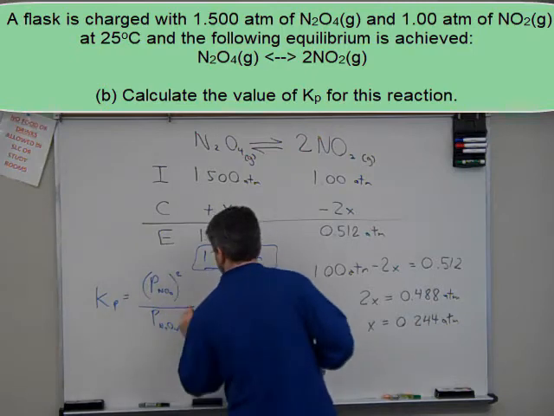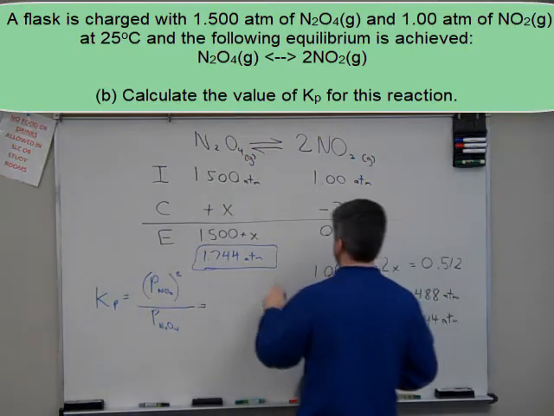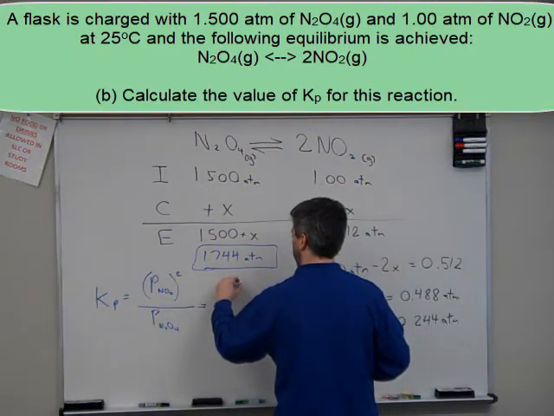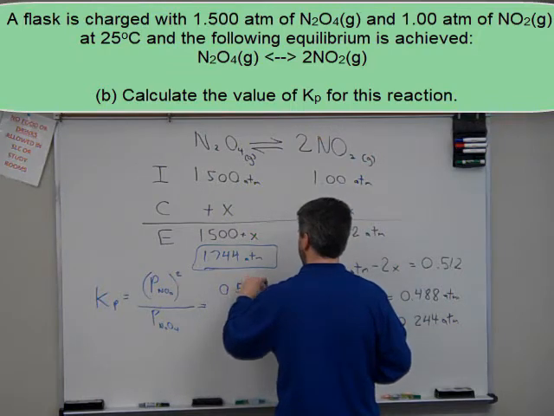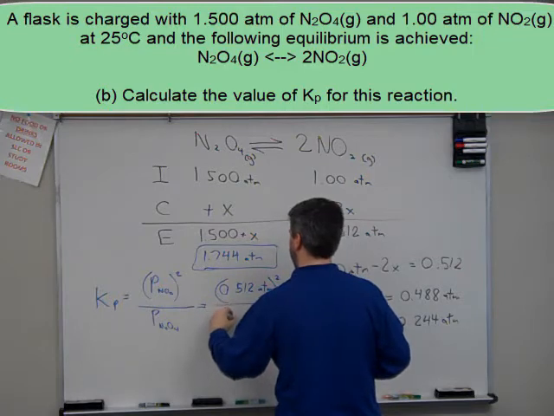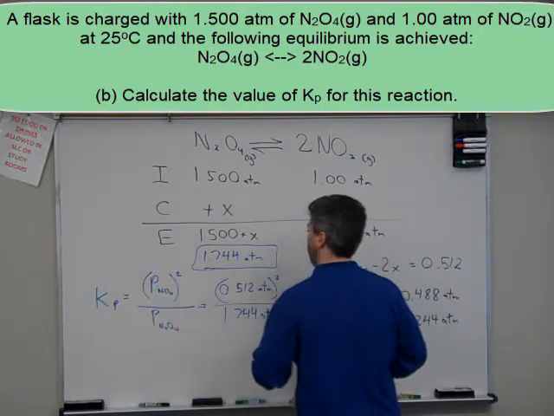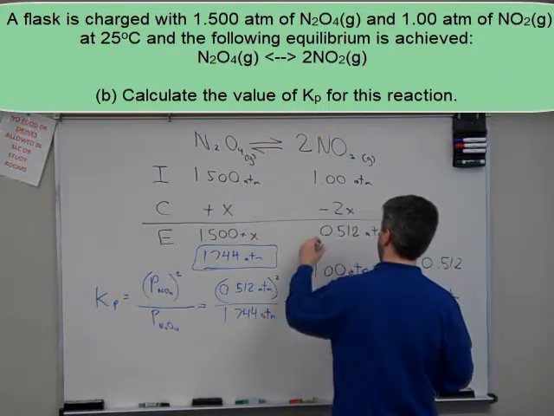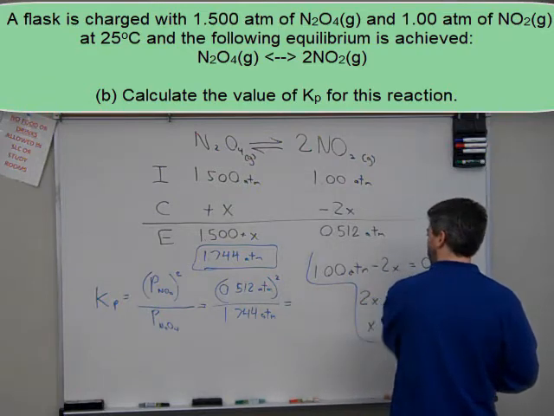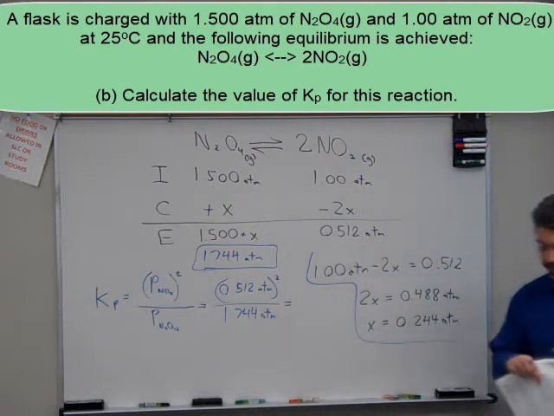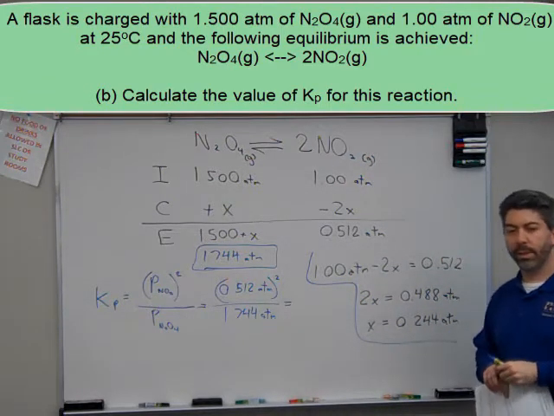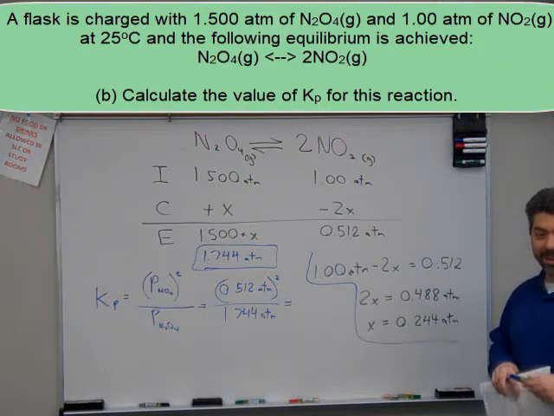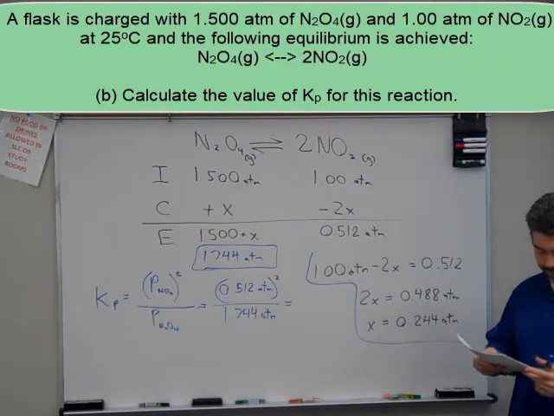Now, we could plug in our value, 0.512 atm squared divided by 1.744 atm. And we get our lovely answer here, which would be what? Where is thy calculator?